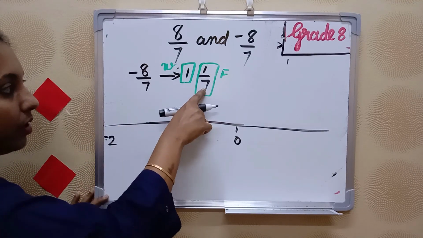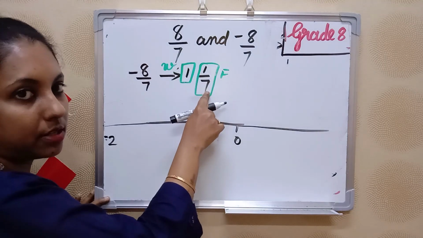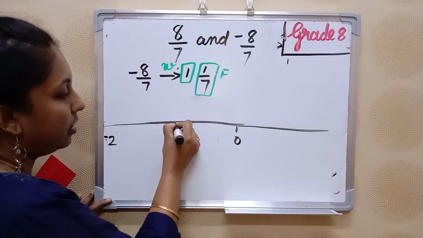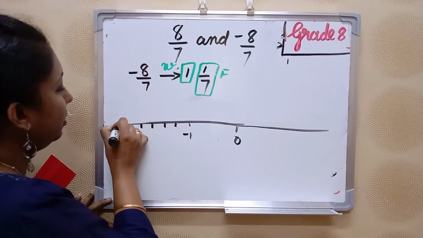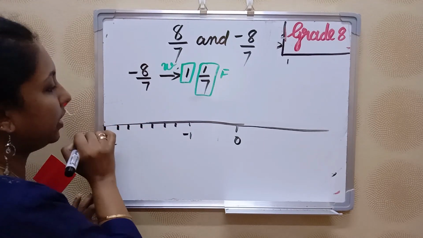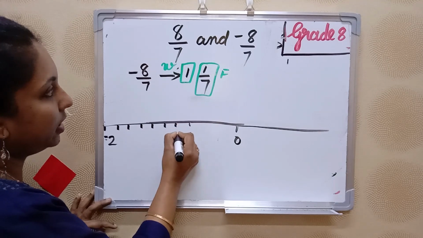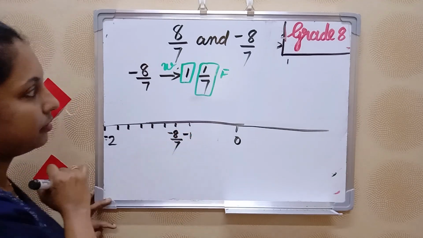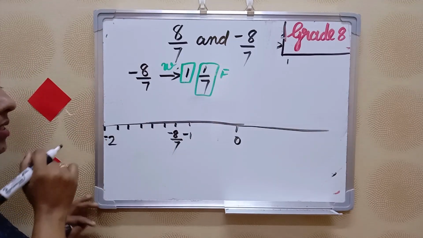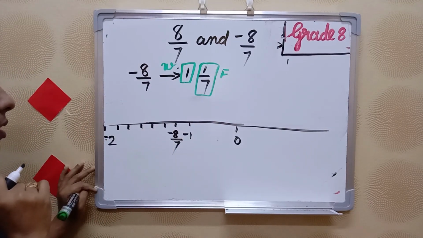So we have to divide into 7 parts. This 1, 2, 3, 4, 5, 6, 7. So the first part is here only. So minus 8 by 7 is here. The numerator is 1, so minus 8 by 7 is here.